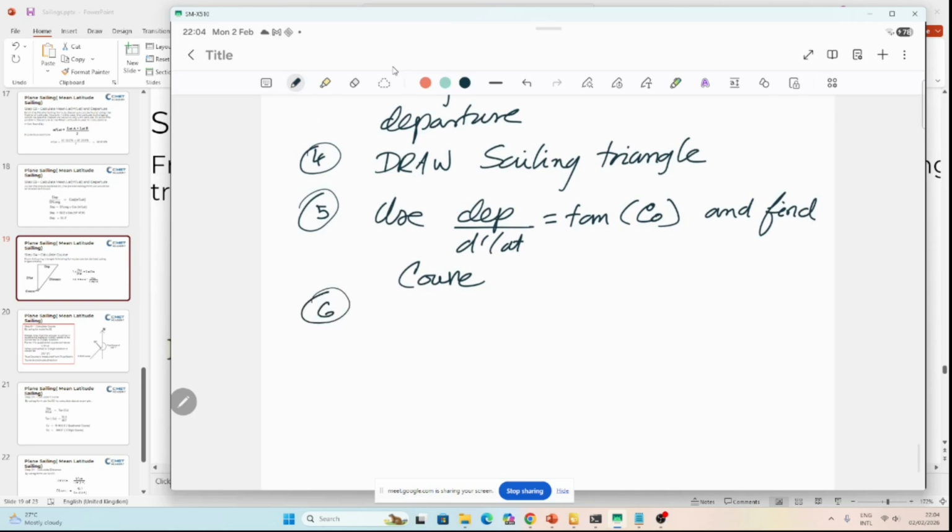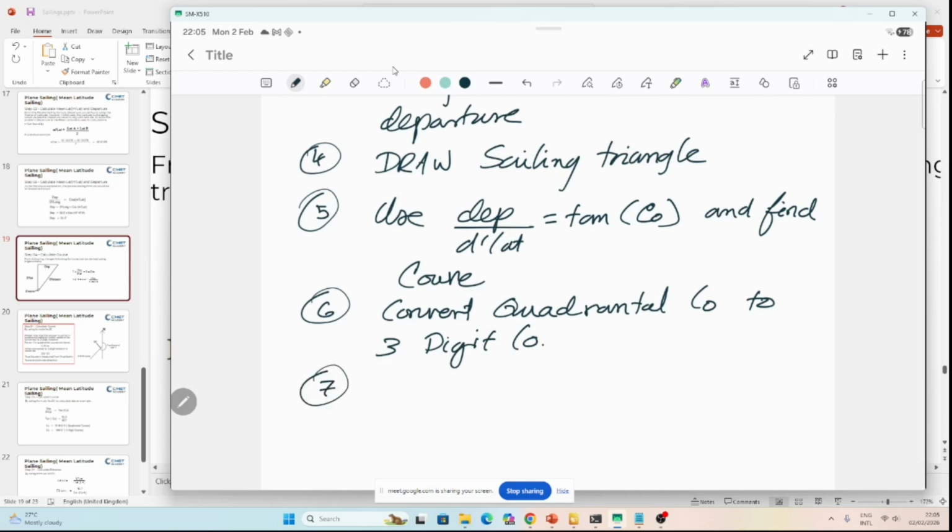So the sixth point is convert the quadrantal course to 3-digit course.